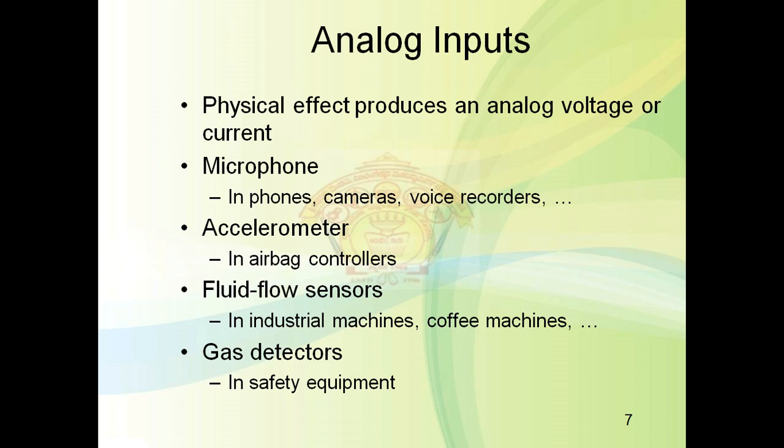They are used for safety equipment. The current in the path depends upon the concentration of the gas in the atmospheric sample. The current is sensed and amplified, and it is used to control various devices.